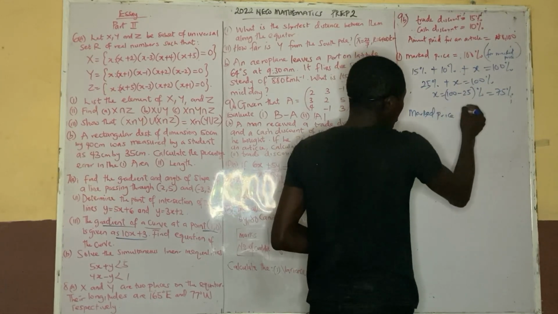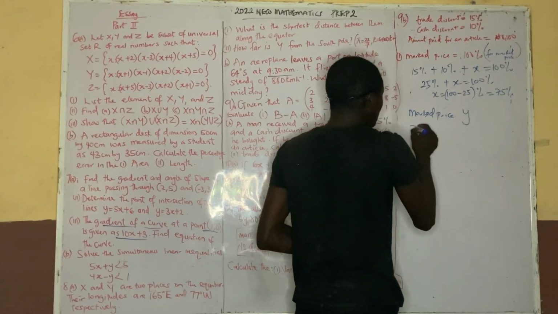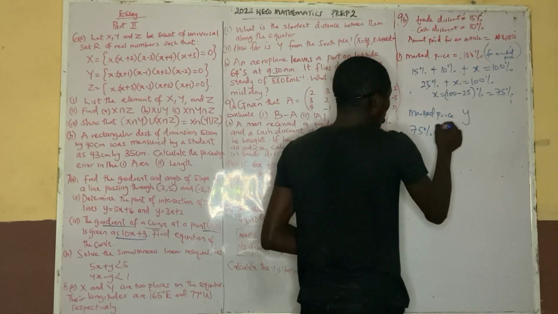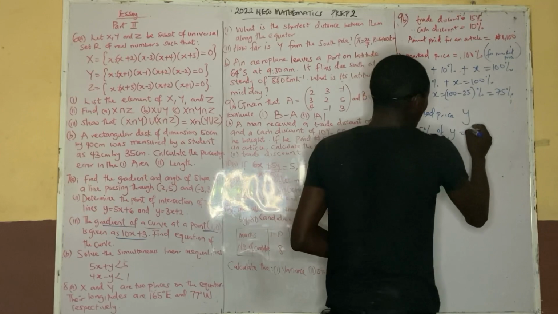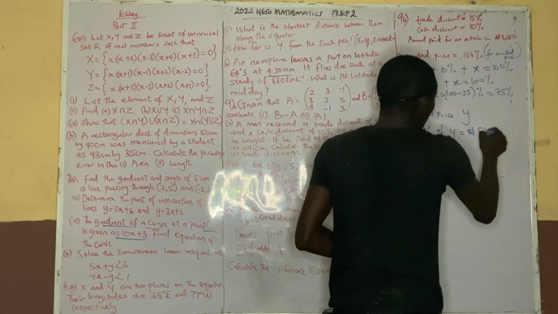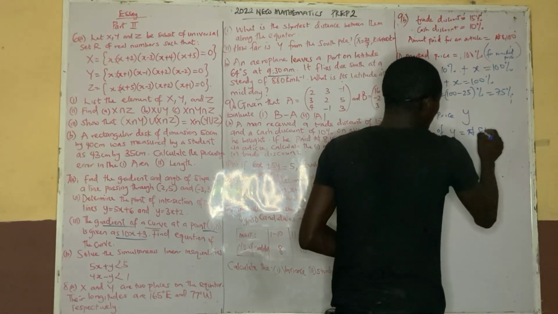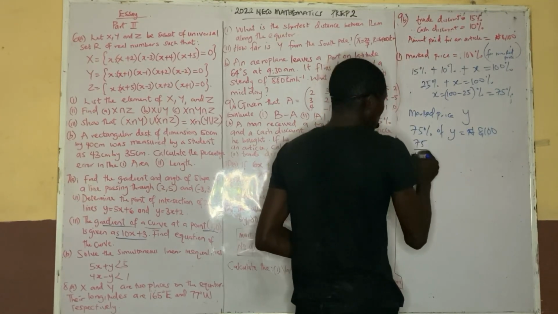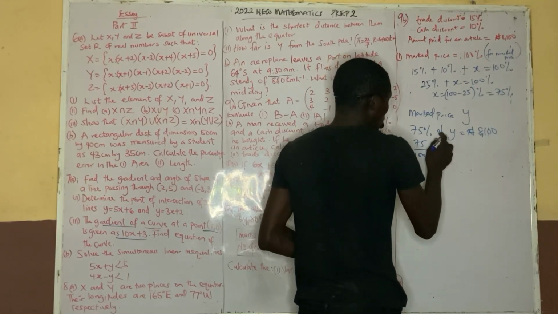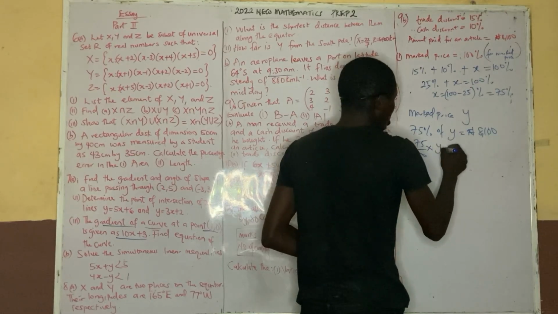Let's pretend the marked price is Y. So 75% of Y will give us what? 75% of Y will give us 8,100. So 75 over 100 times Y equal to what?